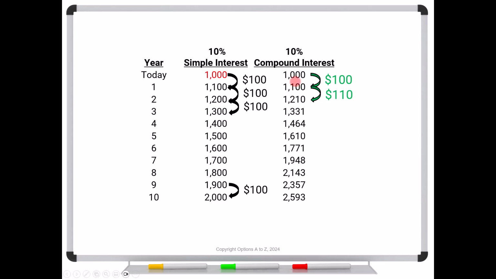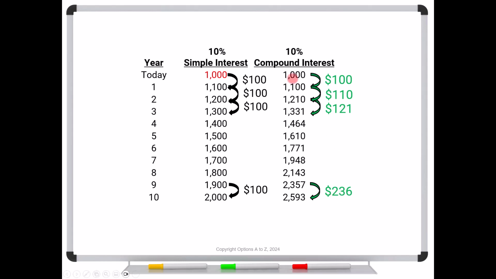You're making 10% on the 1,000 plus 10% on the $100 worth of interest. And that's going to give you a total of 110 bucks. After the third year, you're going to make 10% on 1,210, and that's going to give you an additional $121. So we can see it starting to grow. Down here from year 9 to year 10, now you're picking up 236 bucks.